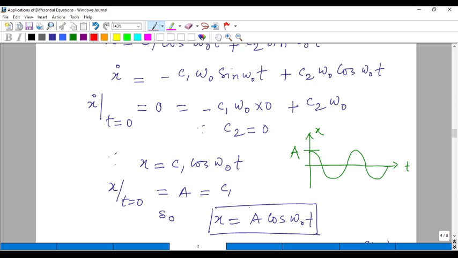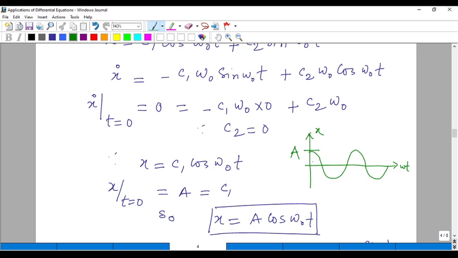So the graphical representation of this equation is shown here. You can see this is a cosine function of t, and you see the oscillation, and the maximum displacement is equal to x equal to a. Here x is plotted with respect to omega t.